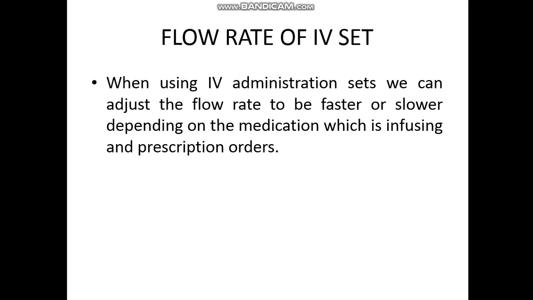Based on the condition of the patient or the type of medication, we have to control the speed or infusion rate. Okay. That infusion rate is known as flow rate. This flow rate should be controlled by the nurse as per the doctor's prescription orders only.